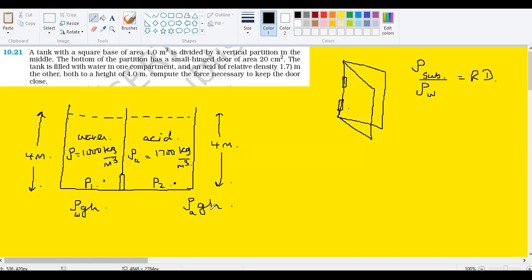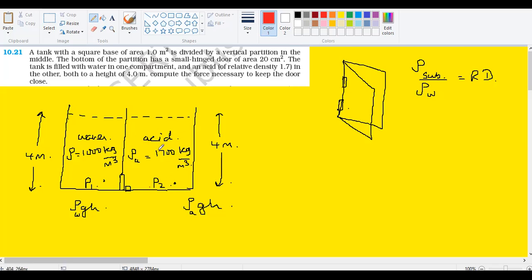So they're asking what is the force required to keep the door closed, which means maybe you have some kind of a screw or something to tighten this so that it doesn't open. Obviously, you can see that this side is going to be higher pressure and this side is going to be lower pressure. Why? Because the density is higher.